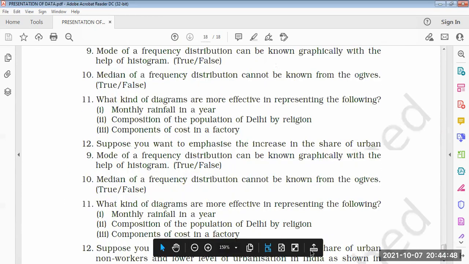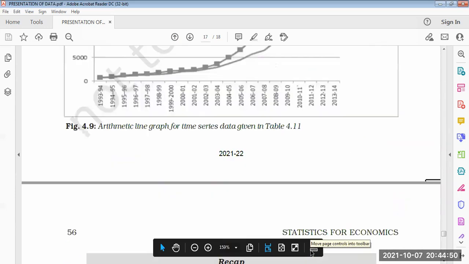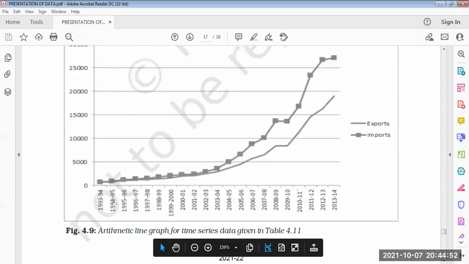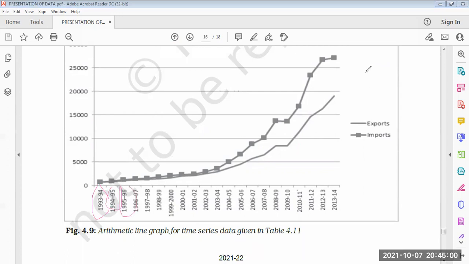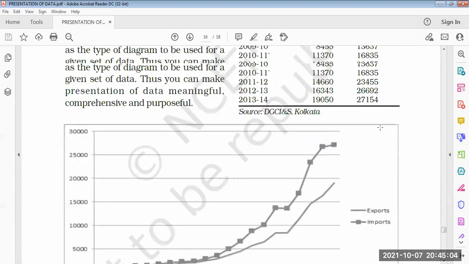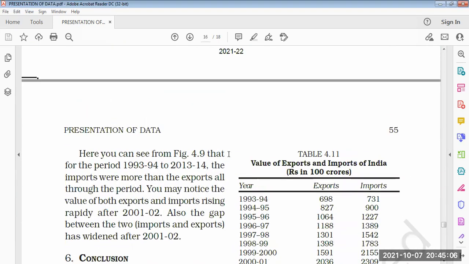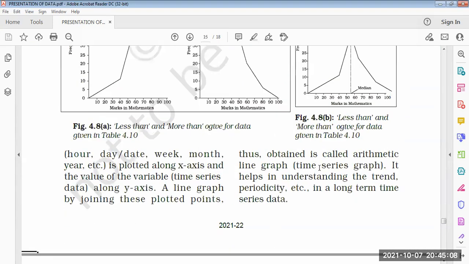This one, at the end we have seen. This is time series. All time zones are there here. So in this problem also different years are given, so this is also known as time series graph.